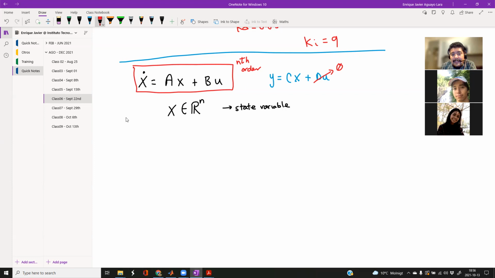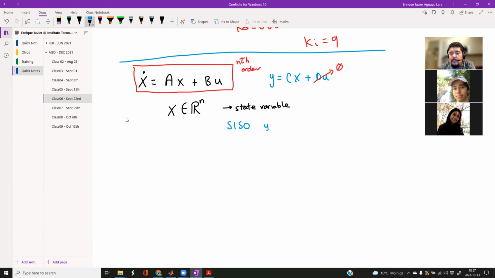So in order to make this happen, if we have a vector x that belongs to R^n, we remember that we're talking about systems that are single input, single output.